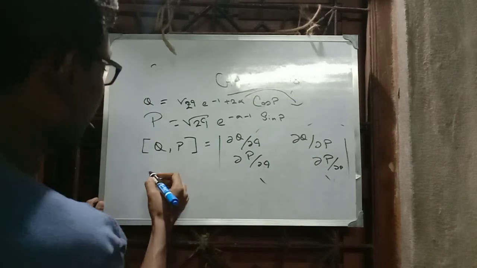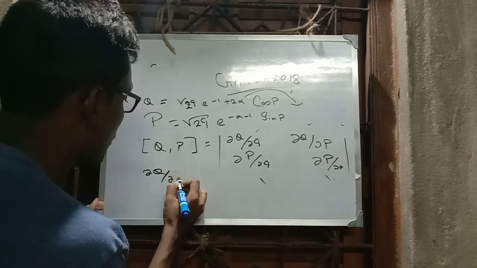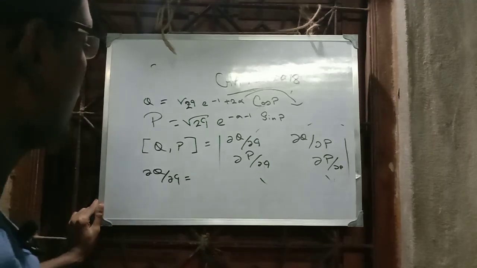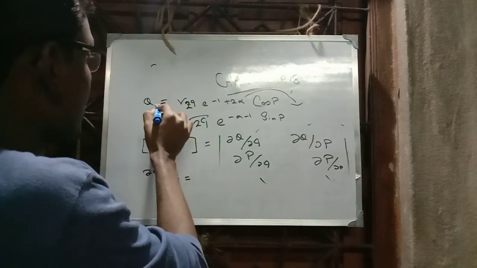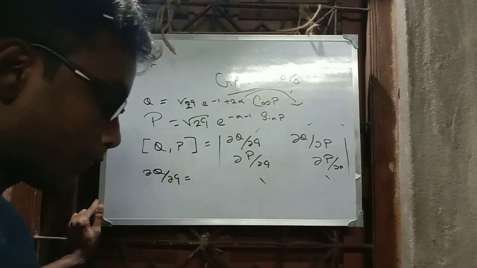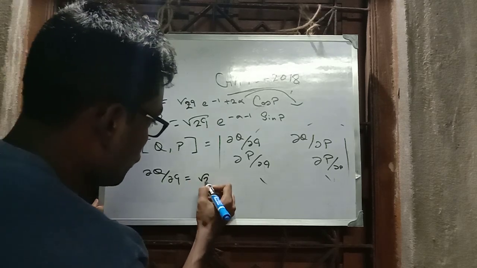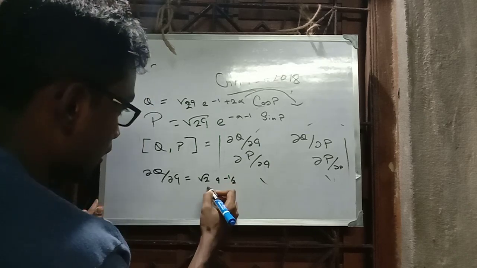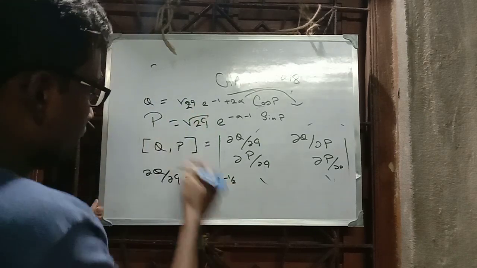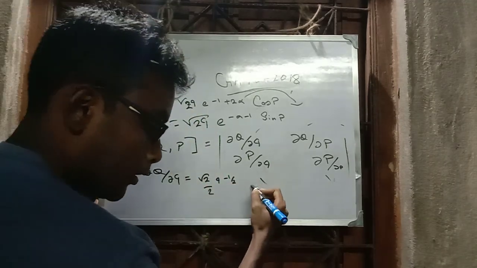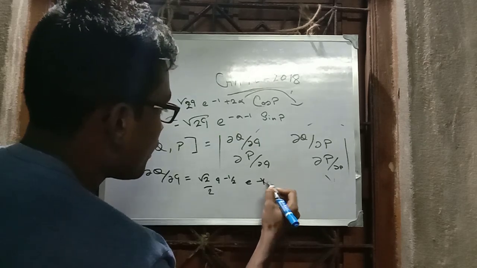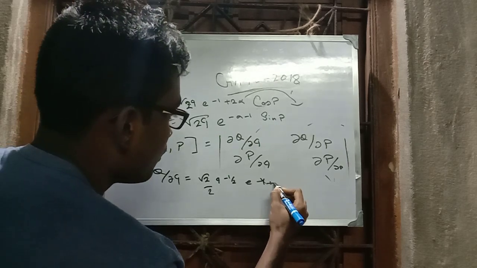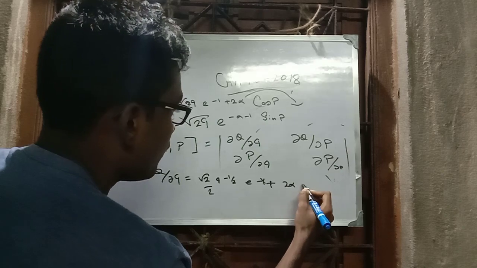At first, delta capital Q delta small q, that means differentiation of this Q with respect to small q, would be equal to root 2 q to the power minus half by 2, e to the power minus 1 plus 2 alpha, cos p.